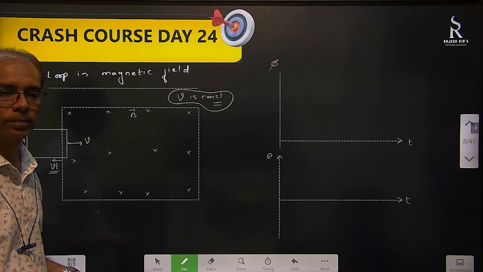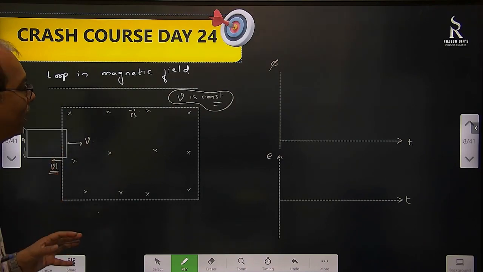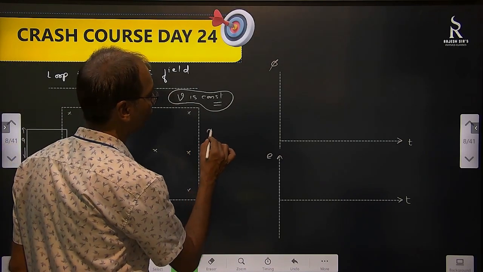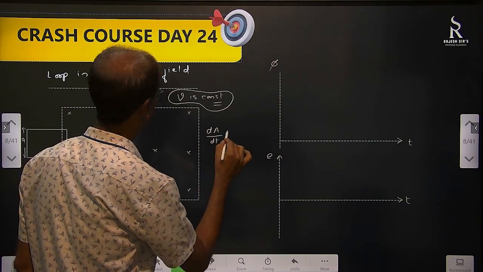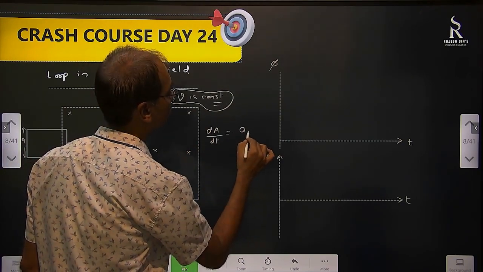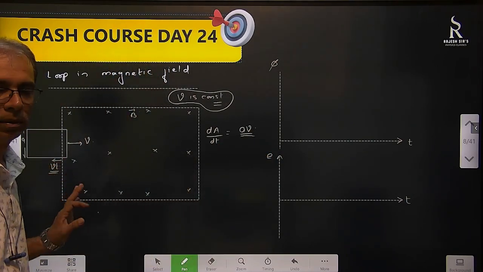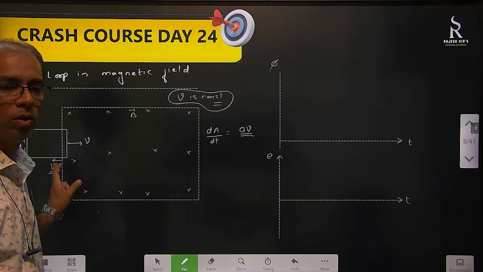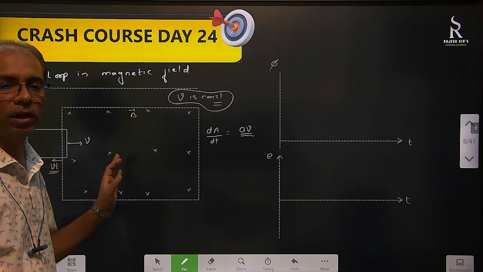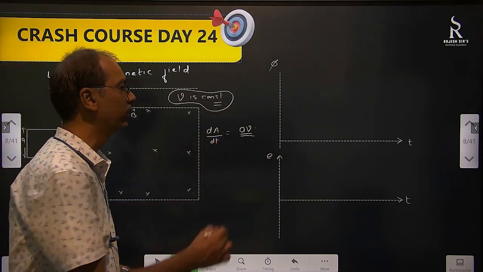Correct or not? So area is increasing: area is a into vt, if suppose that initially it was 0 inside. So it increases with time as avt. Correct. So dA by dt will be av.